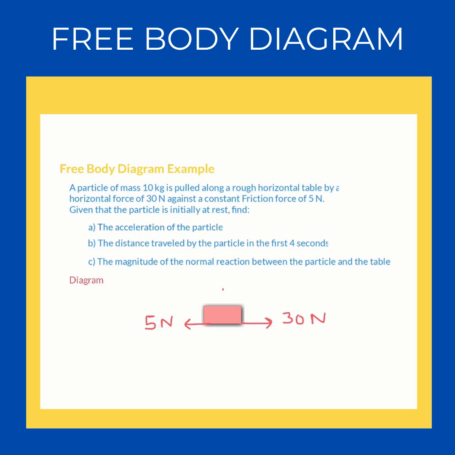I have here a normal reaction force, N, and here I have the weight of the particle, which is 10 times g, where g is the gravitational acceleration. So the weight is 10g.